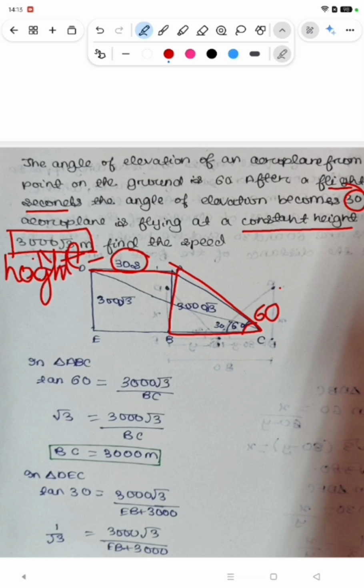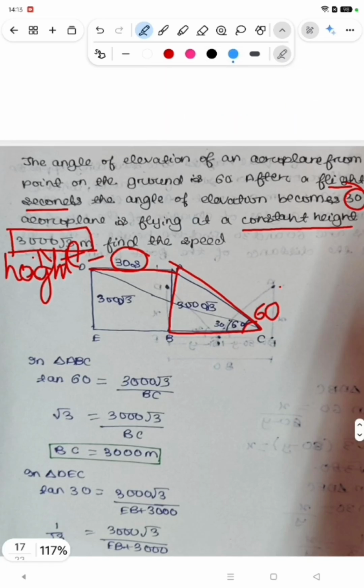So I am using another color, blue. We have to make another triangle, and the angle changes when after 30 seconds the angle of elevation changes to 30 degree. So the triangle is named A, B, C, and here D. Here the aeroplane is flying at a constant height in 30 seconds.